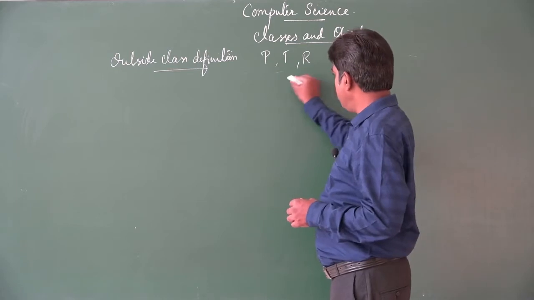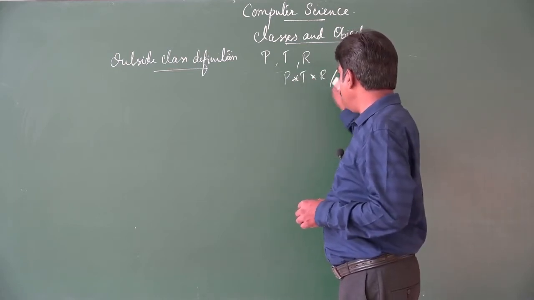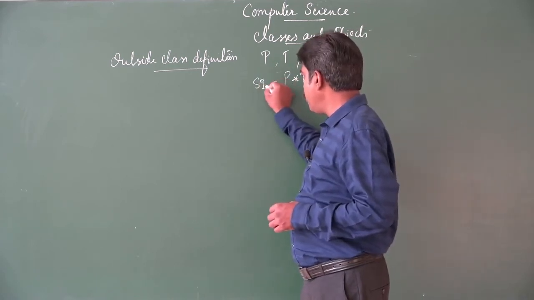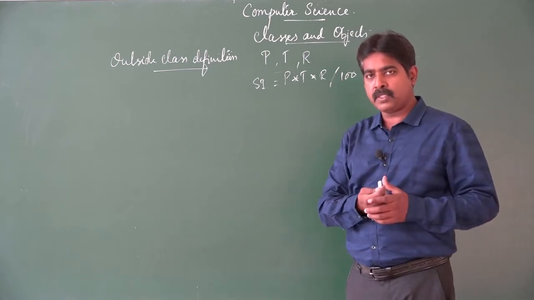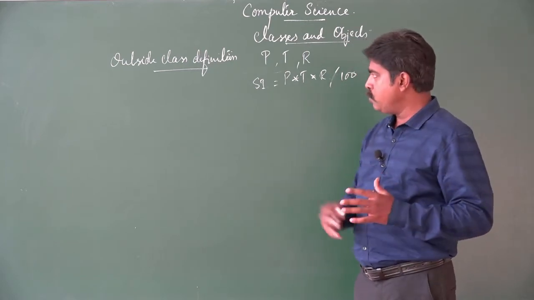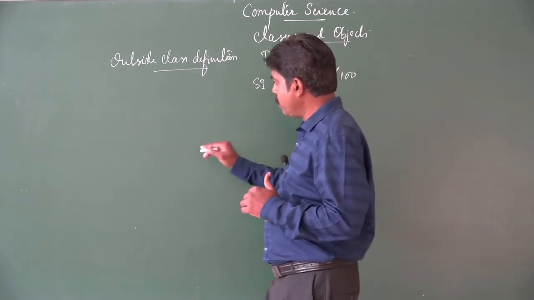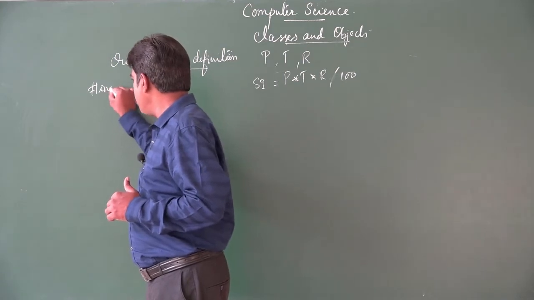With this, the formula will be P into T into R divided by 100. The value we are going to store in SI. The same example we discussed in the previous class, likewise we are going to take, but under outside class definition. So I start with hash include.